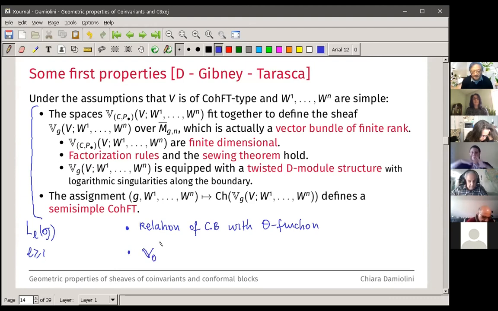if I am over the moduli space of rational curves, and I take some modules here, this vector space is always globally generated.